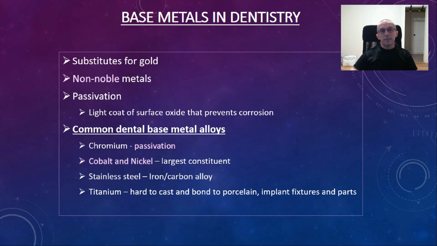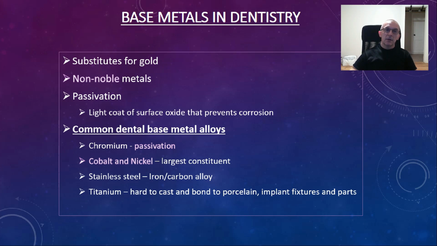Common dental base metal alloys: chromium, like I said, has the property of passivation. Cobalt and nickel are the largest constituents of most dental base alloys. Stainless steel is a carbon iron alloy that also has different elemental metals in there to prevent oxidation.